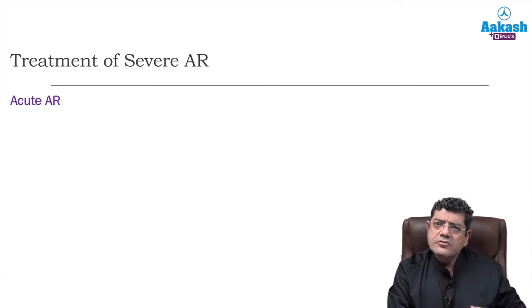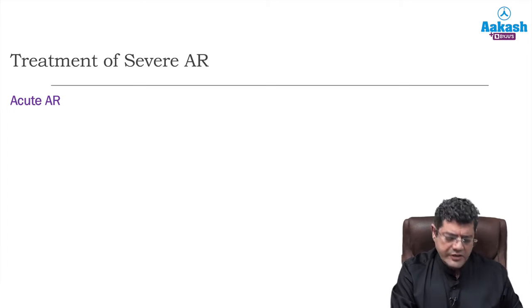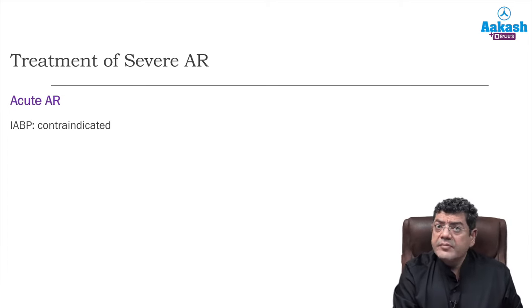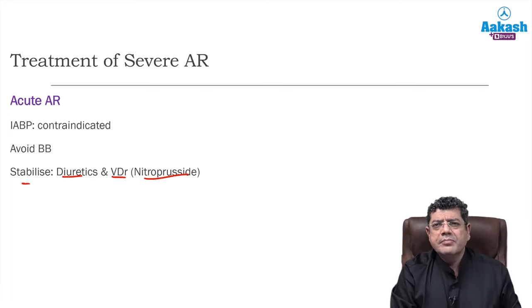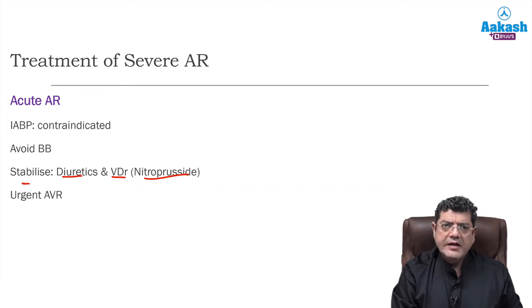If you do that, it will cause more blood to regurgitate into the left ventricle. You avoid beta blocker therapy because that would further reduce the cardiac output. Okay. You stabilize, you can use intravenous diuretics, you can use vasodilators like sodium nitroprusside, but basically you urgently need to do a valve replacement surgery, right?